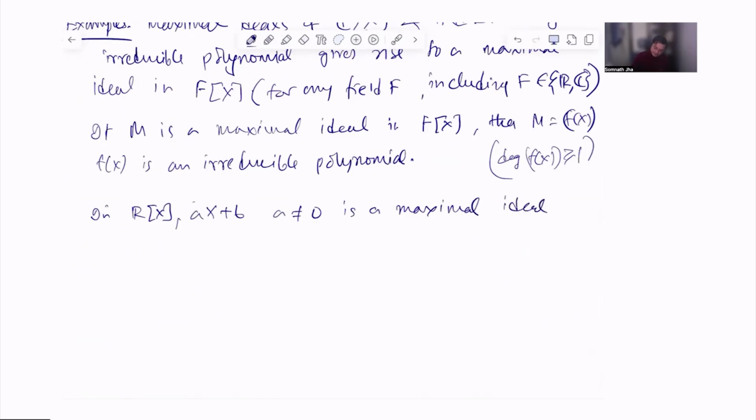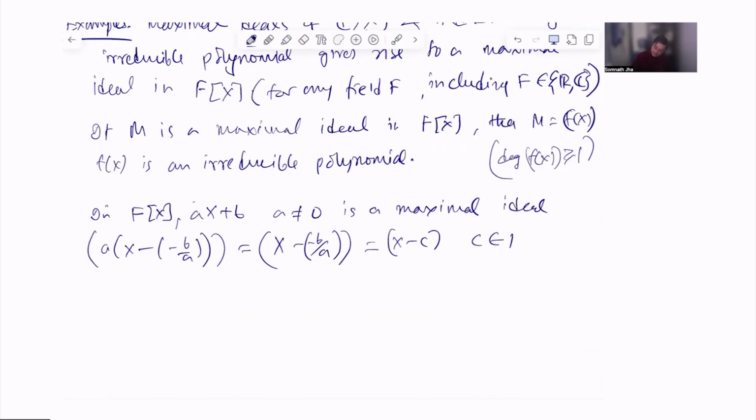We have seen, in fact in any F[x], right? It is a times (x plus b by a). So this ideal is the same as the ideal generated by x minus b by a. So I can write it as of the form (x minus c), c belongs to F. So these are all maximal ideals, right?